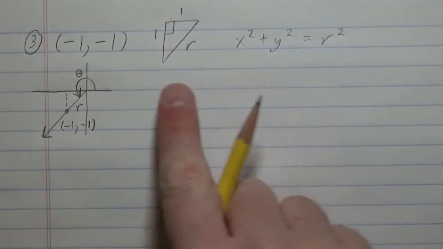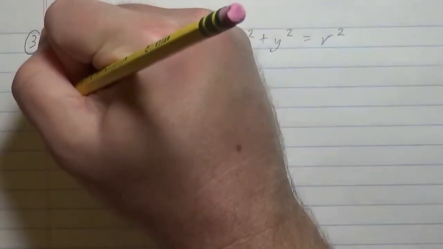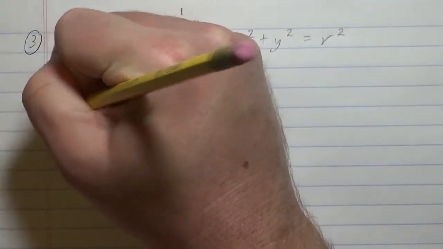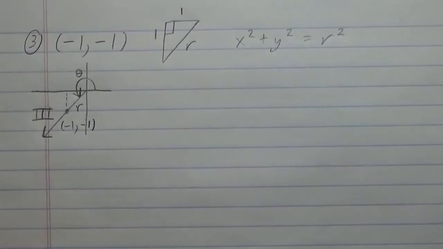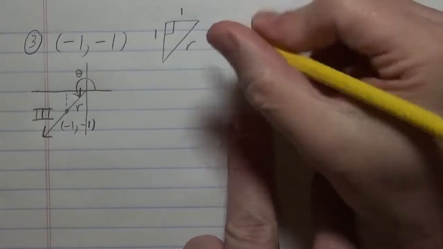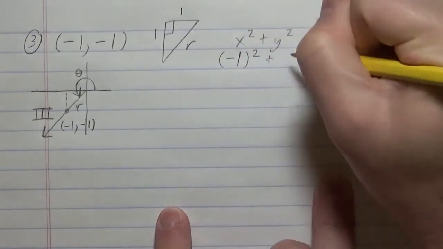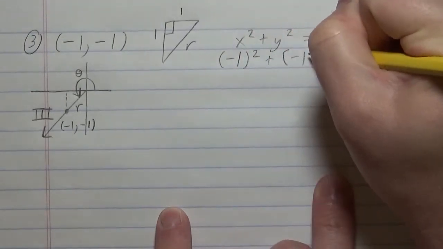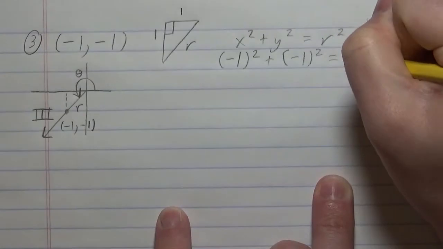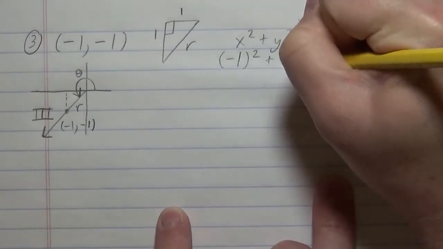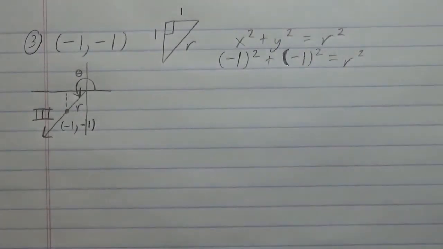X and y are coordinates. This is quadrant 3.